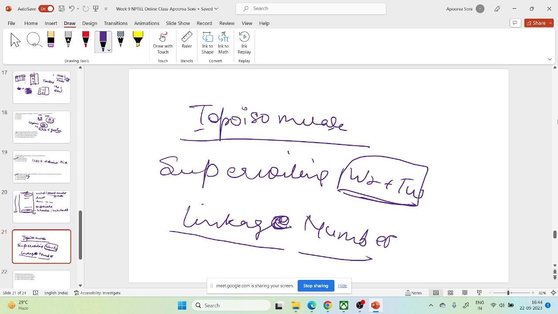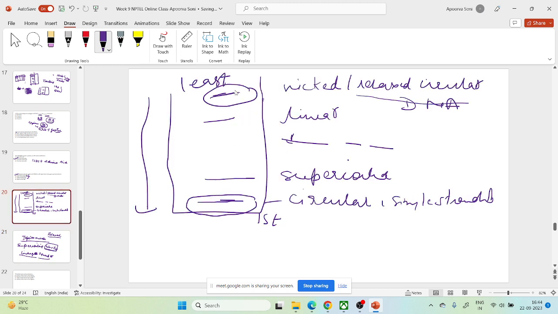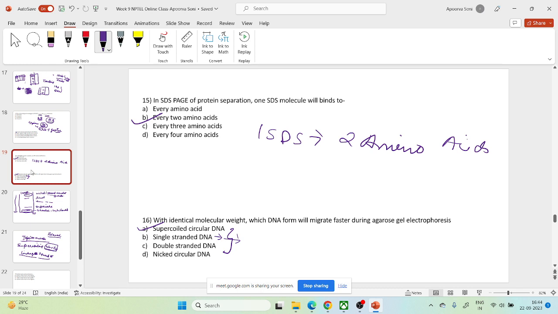Therefore, a relaxed circular DNA, which has less supercoiling, will be less compact, and because it is less compact, it will travel very slowly. So the nick removes the supercoiling, makes it relaxed, reduces the compactness, and therefore it travels least.